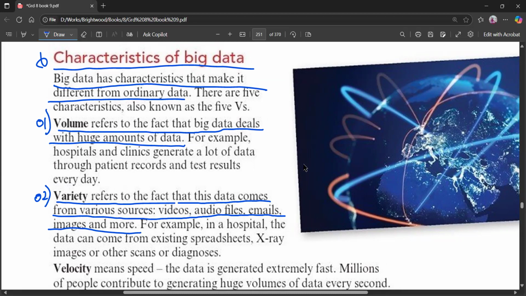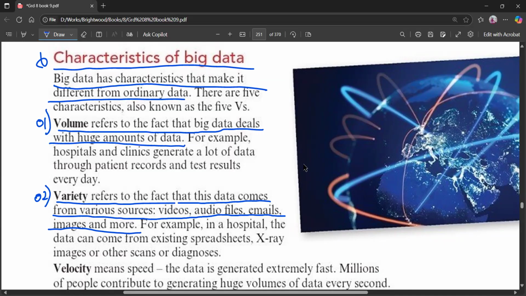For example, in a hospital, the data comes from spreadsheets. Sometimes they take images, such as X-rays, and they have MRI scans and a lot of other diagnoses. So they have a huge variety with them.